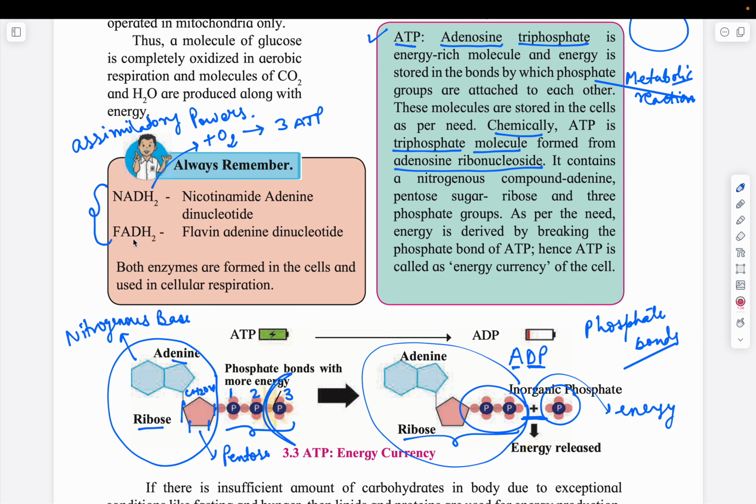When FADH2, which is flavin adenine dinucleotide, is oxidized, it produces 2 ATPs. And previously you have seen how these two molecules are oxidized. They are oxidized within the mitochondria via the electron transport chain reaction, right?